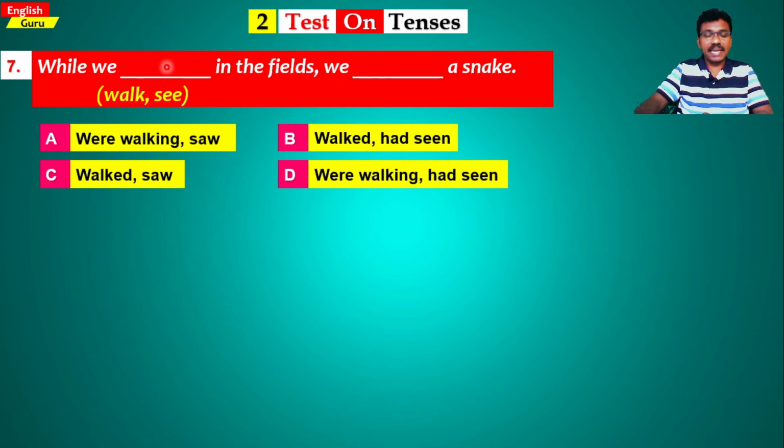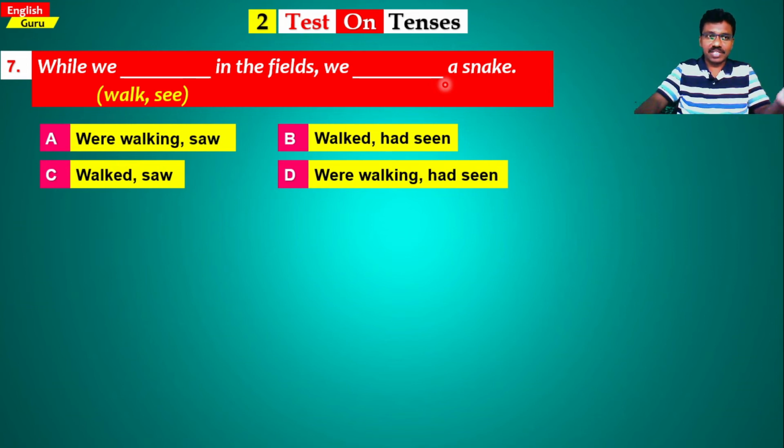So from the first blank itself we can identify: while we were walking, of course, in the fields, we saw a snake. The second rule is fulfilled. While we were walking, past continuous tense, we saw a snake, simple past tense. So this is the combination, simple past tense plus past continuous tense.